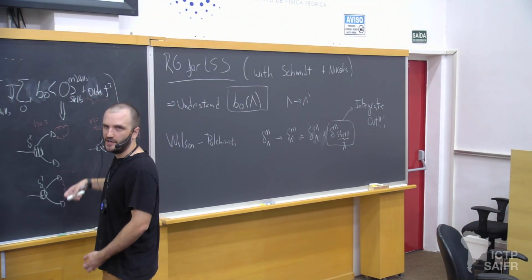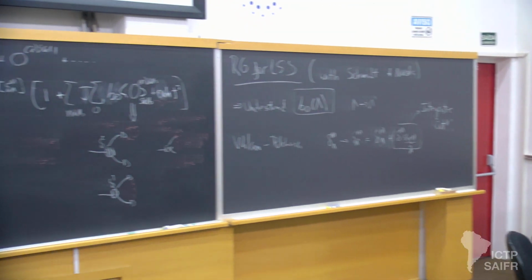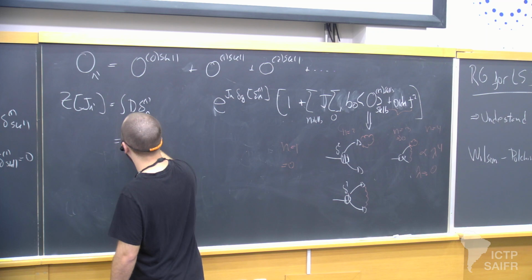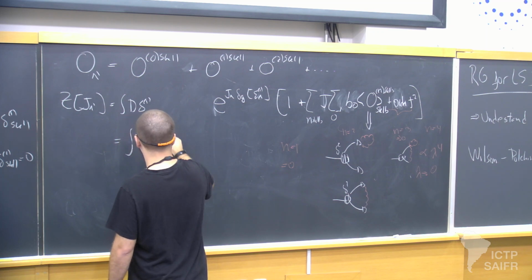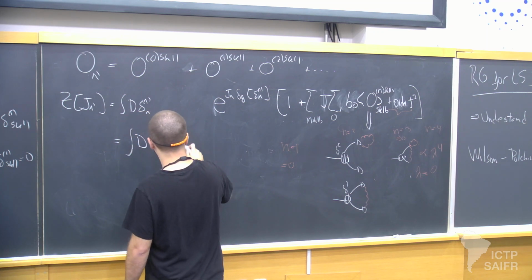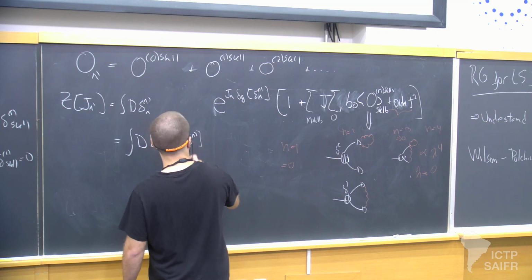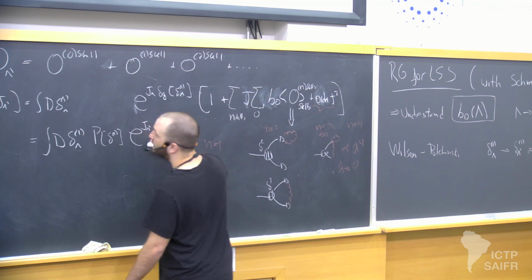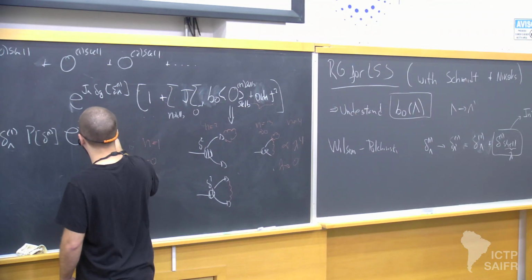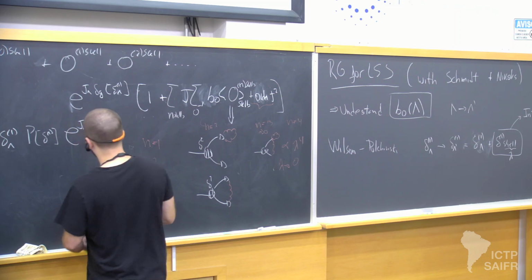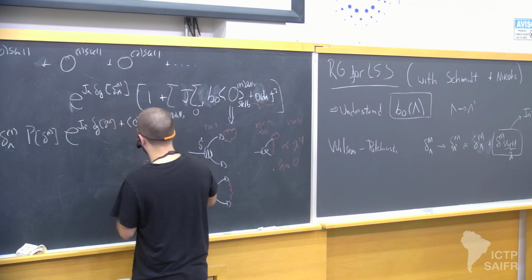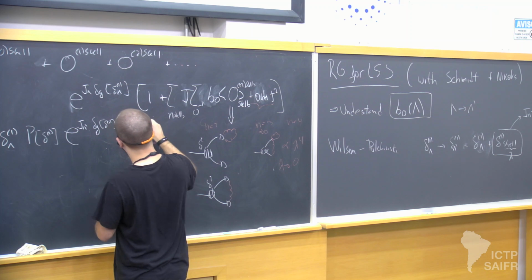So those are the two types of diagrams that I have to compute. And then it means that my z of j at lambda prime is equal to the integral over delta 1 of lambda, p of delta 1, e to the j lambda prime delta g of lambda 1, plus some corrections with two shells. Let's say O2.